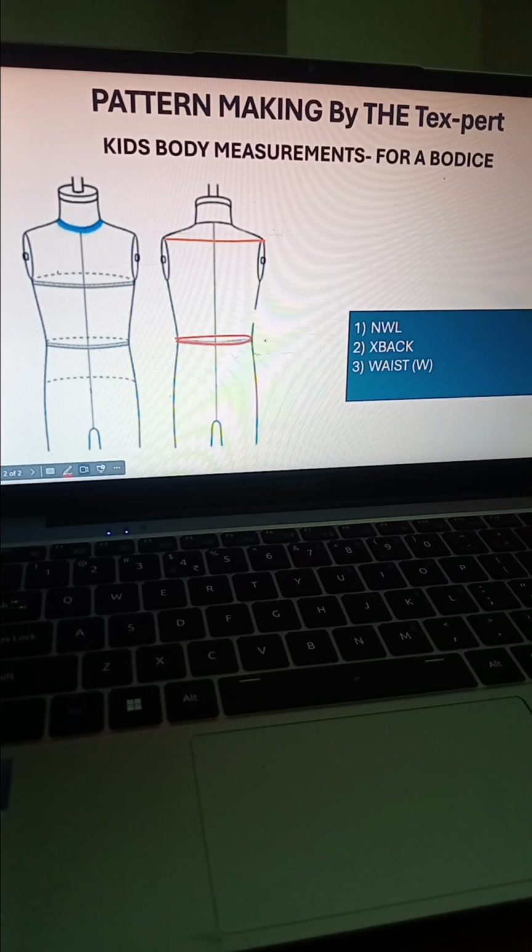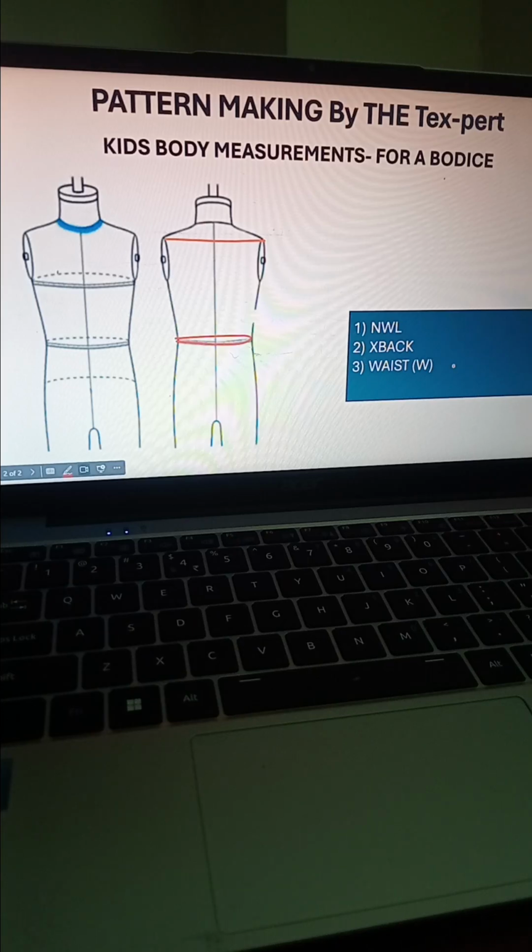In the next tutorial, I'll show you how we can calculate these measurements to give us the proportions of a pattern that we can use as a starting point. We shall use just these three measurements. Note them down and practice how to measure them using a tape measure.